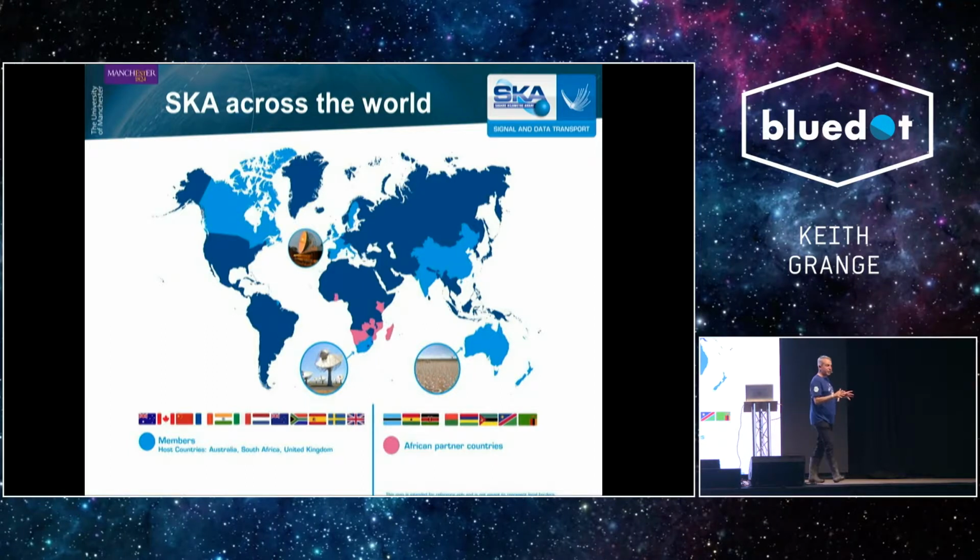So the SKA project itself is very much a global project. We've got now, I think, 11 or so different member countries, and the hope is that in the future, when we move to phase 2, we'll have a whole bunch of other African countries with groups of antennas going all the way up through Africa to provide these 3,000 kilometer type baselines that I was talking about.